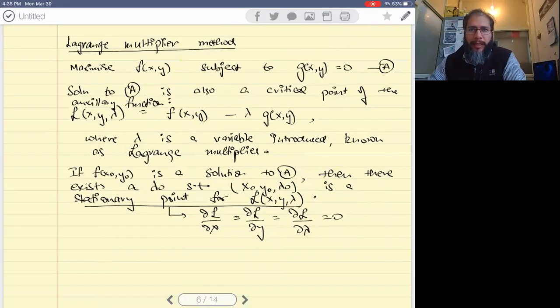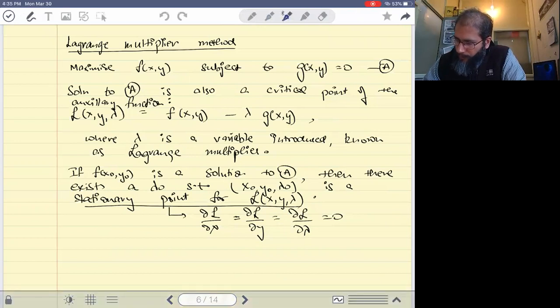So the first method is the Lagrange multiplier method. Before we start using it, let us see what this method actually does. The method of Lagrange multiplier is a method to maximize a function. In this case, the problem is to maximize f(x, y) subject to an equality constraint, g(x, y) = 0.